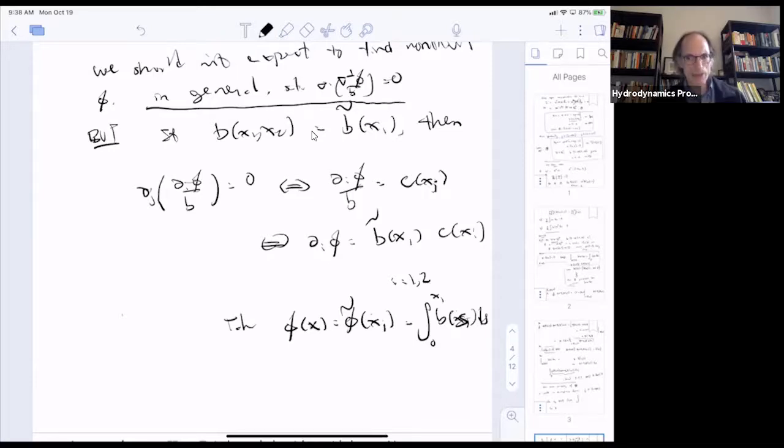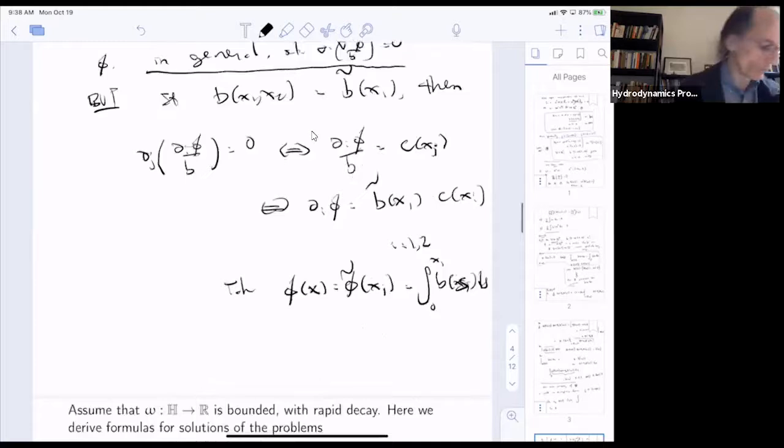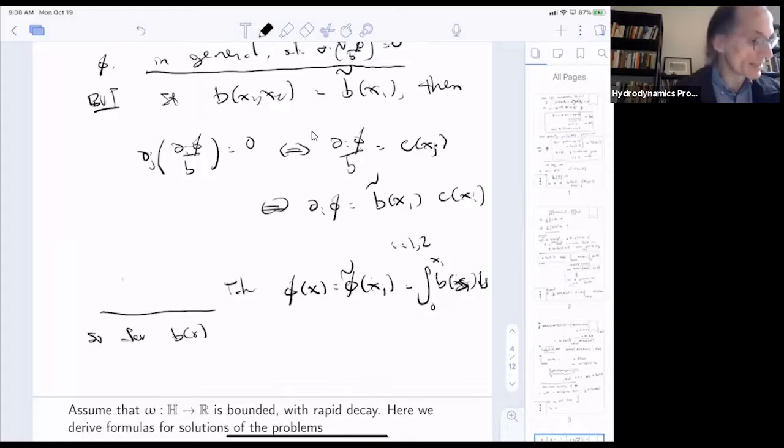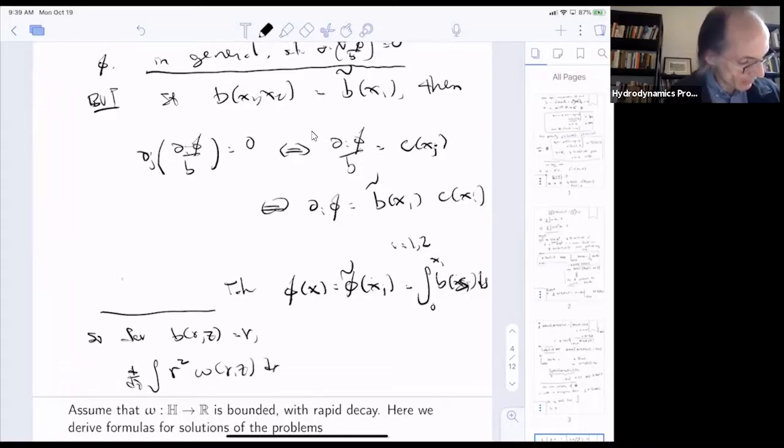And this might seem a special situation, but this exactly holds for axisymmetric flow without swirl. So the weight is a function of, in fact, is the r coordinate. So for b of r and z equal to r, we have d/dt of the integral of r squared omega of r, z dr dz is 0.